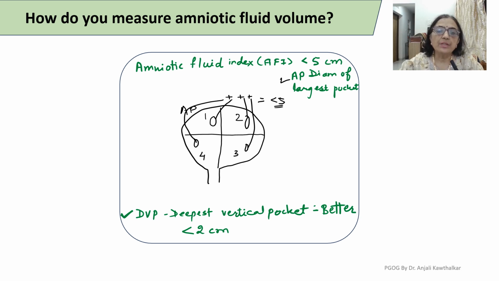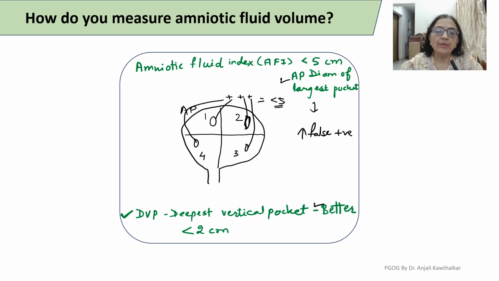The second method is we just search for the deepest vertical pocket and measure it. This is a better way of assessing the amniotic fluid, as amniotic fluid index is associated with more false positives.